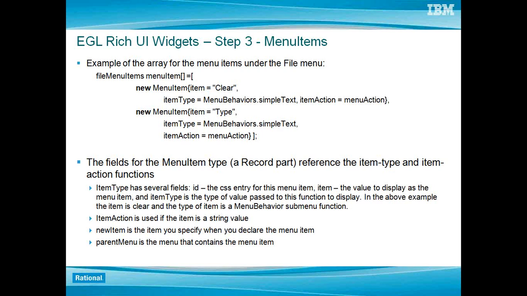Then we have item type equal to menu behaviors, like simple text or arrow text or some other type, which decides in which format the text should appear on the menu. And then we have item action. For example, when I click on this clear menu item, what will happen? It will execute the corresponding menu action function or menu action event.